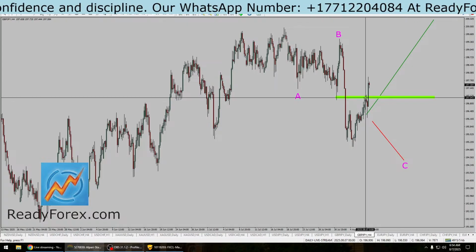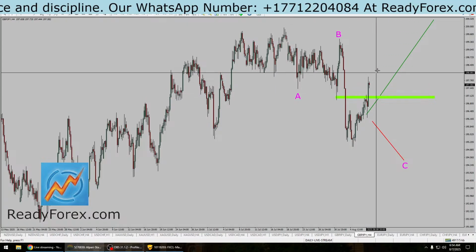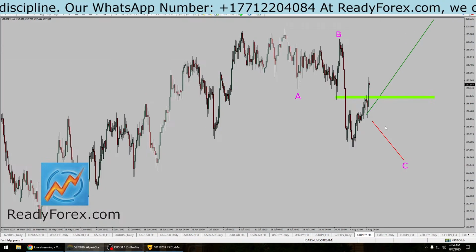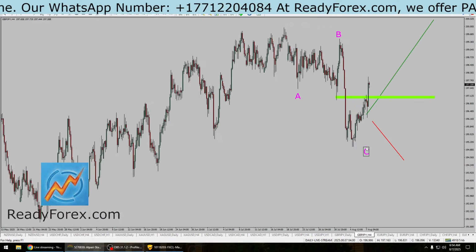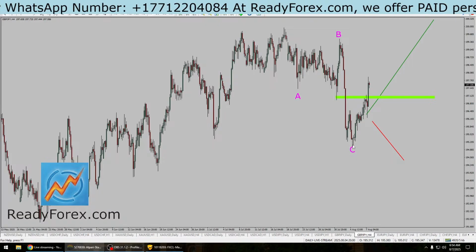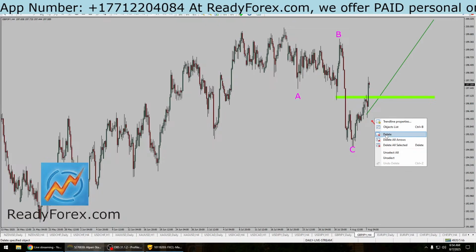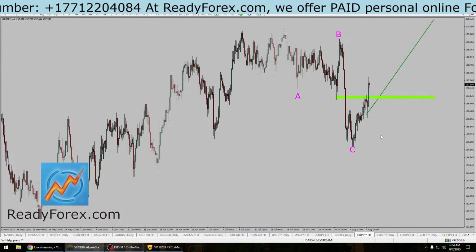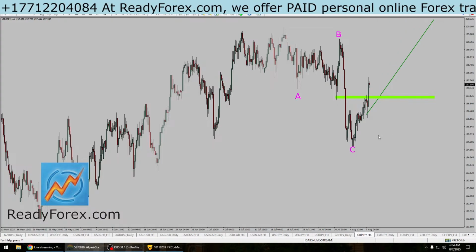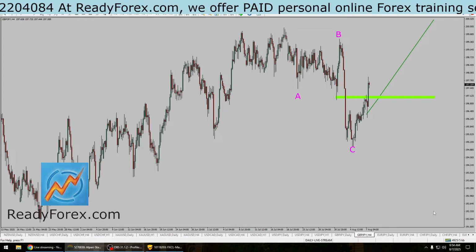So we got the bullish breakout, and the way I see market is probably going to rise up more. Okay, so it seems we have got a wave C, looks complete, and the chances are high that the GBPJPY is going to rise up more.